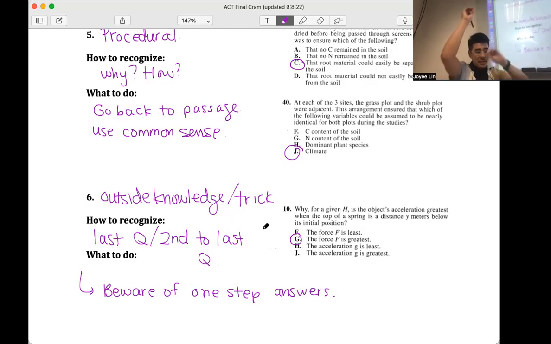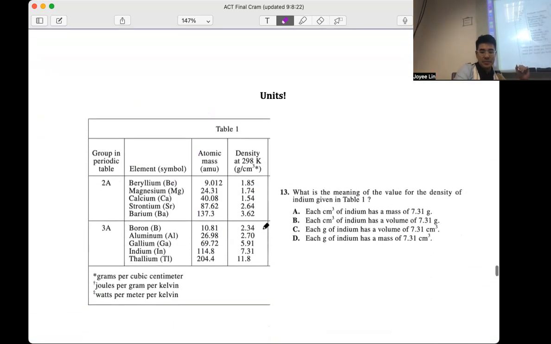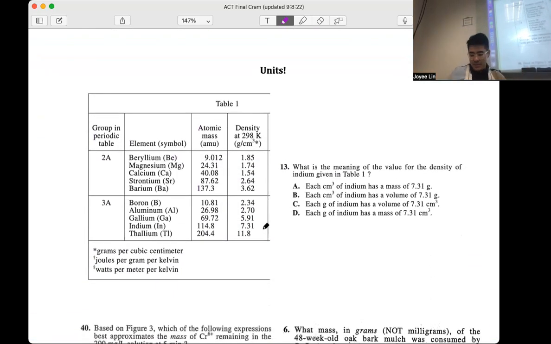Okay, so that's kind of the progression of each passage roughly, right? Easy to hard. And then just some simple outside knowledge ones. So for example, units here, what do we have to remember for density? What is density? Mass over volume.